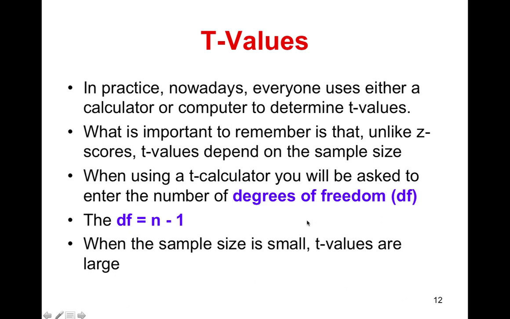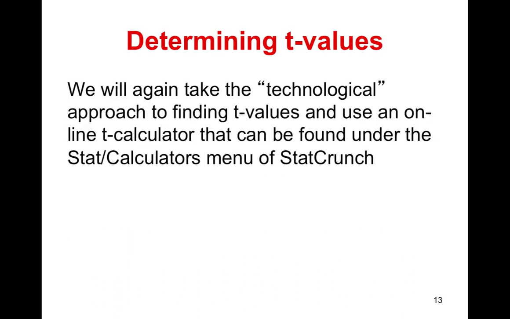The degrees of freedom is 1 less than the sample size. So when the sample size is small, the t-values are large. We are again going to take a technological approach to finding t-values and use an online t-calculator that can be found in StatCrunch in the menu Stat Calculators.